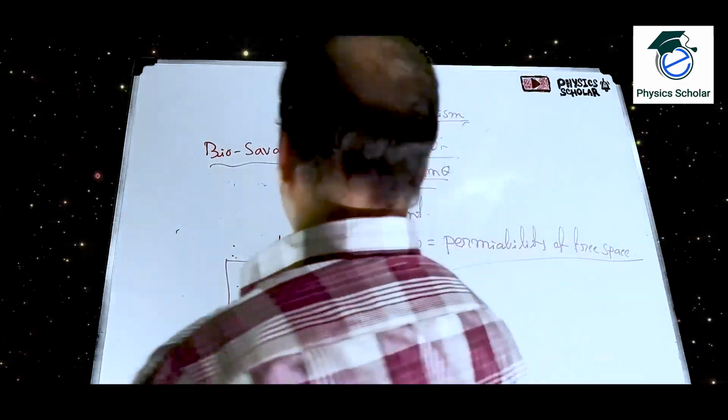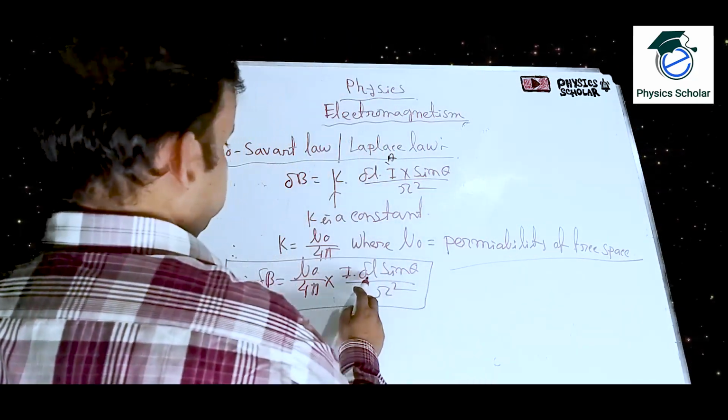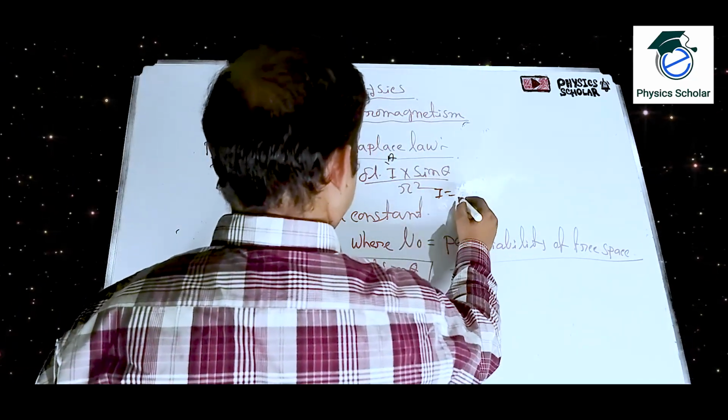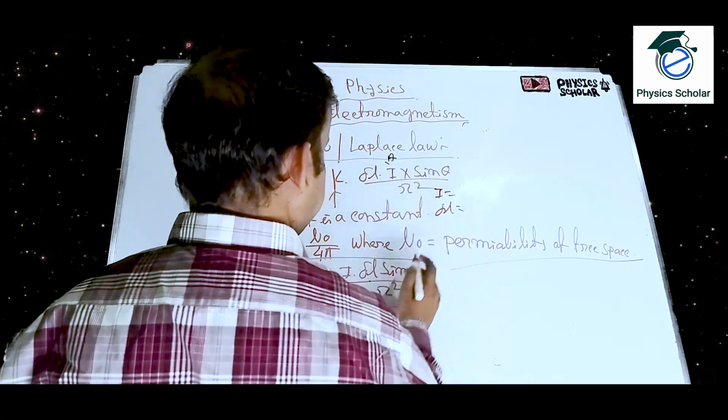Clear? So delta B is mu 0 by 4 pi into I delta L sin theta by r square. I means what? The flow of current. Delta L means the small length of the conductor.